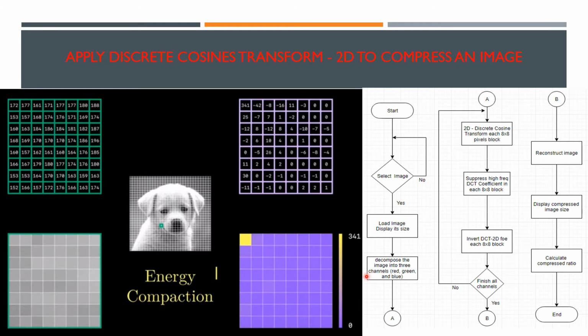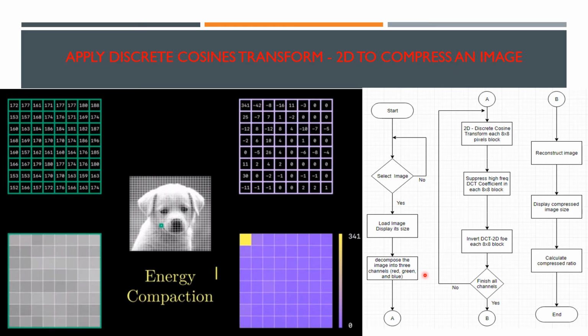At the very beginning, we decompose the image, because a color image is made up of 3 different channels: red, green, and blue. We work channel by channel.